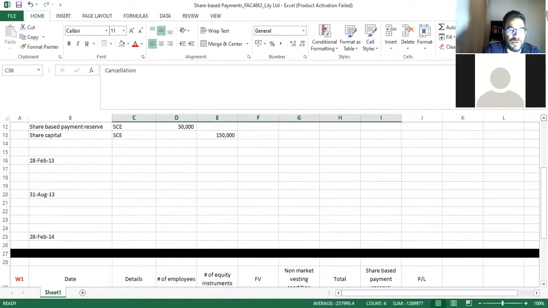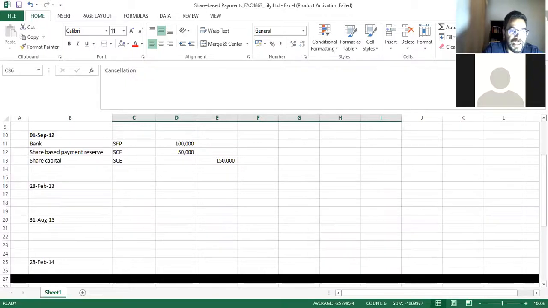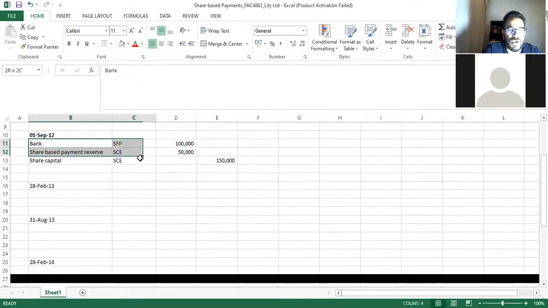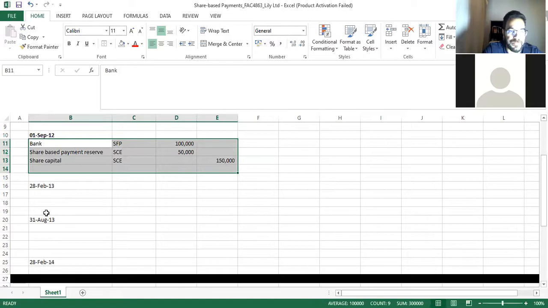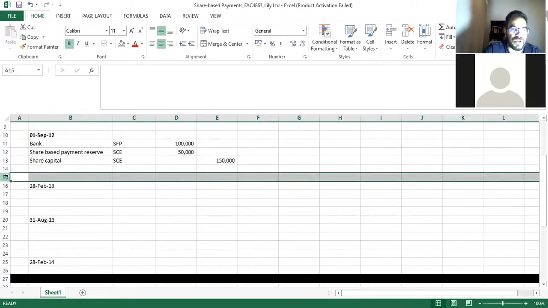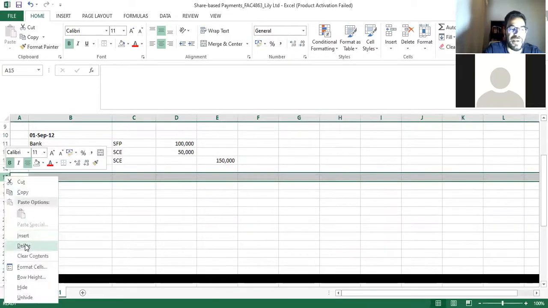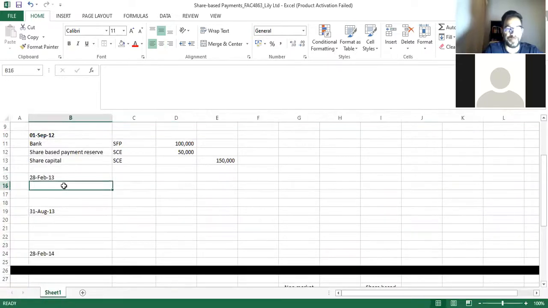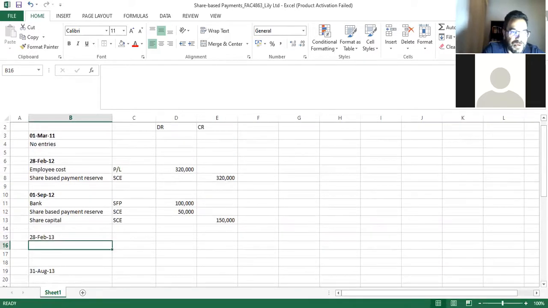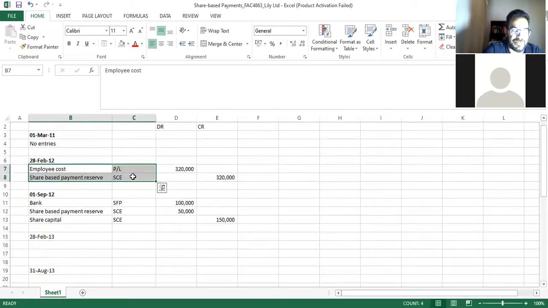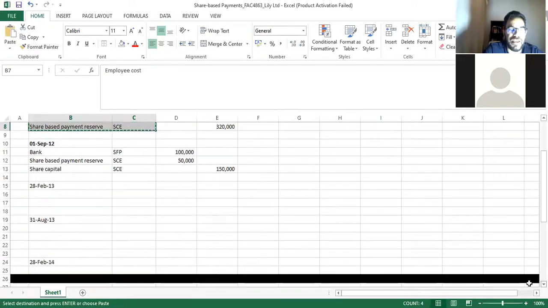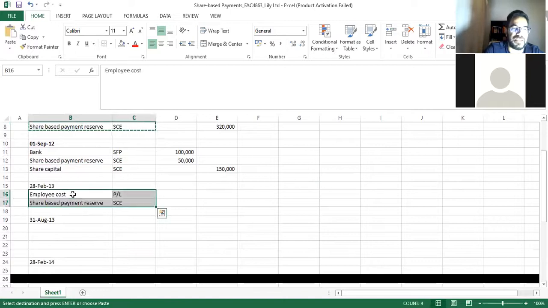On 28 February 2013, we have already dealt with this 50,000 Rand one. Now you want to deal with a transaction on 28 February 2013. The journal entry will be exactly the same as above: debit employee costs, credit share-based payment reserve.